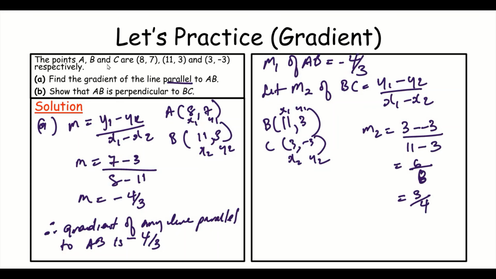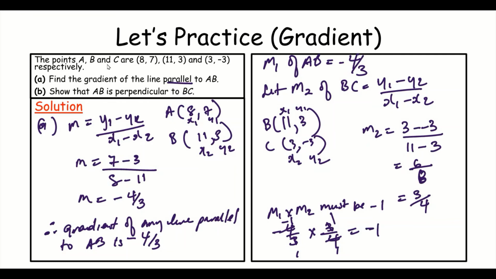Now, for them to be perpendicular, the product M1 times M2 must be negative 1. So let's multiply them and see what we get. Negative 4 over 3 times 3 over 4, let's break it down: 4 into itself 1, 4 into negative 4 goes negative 1, 3 into itself 1, 3 into itself 1, so our final answer is negative 1.